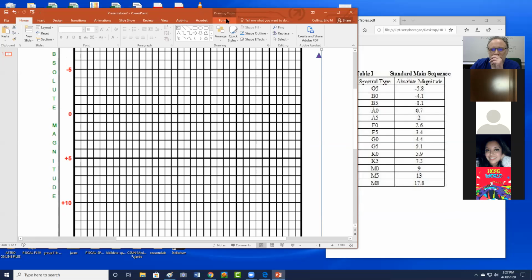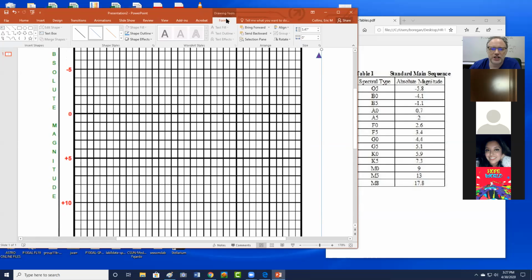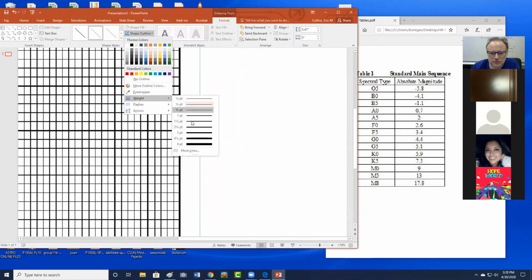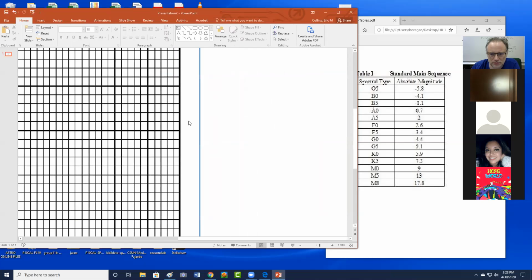Okay, so I'm just doing this as a teaching technique. You do not have to draw a big line like I am. Oh, I see. It's just slow. My computer is slow today for some weird reason.